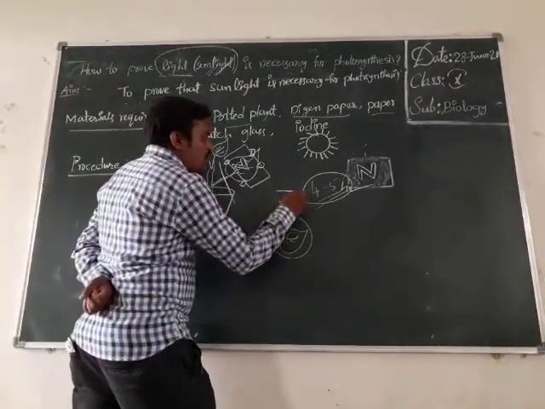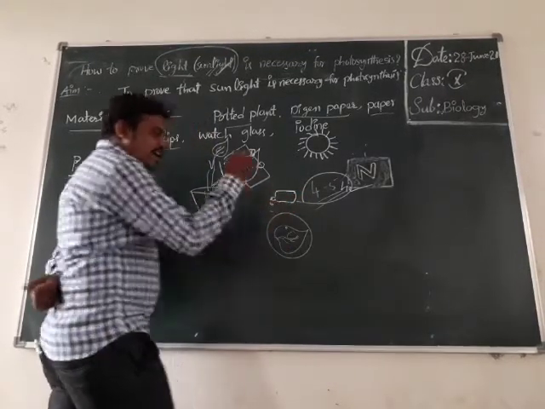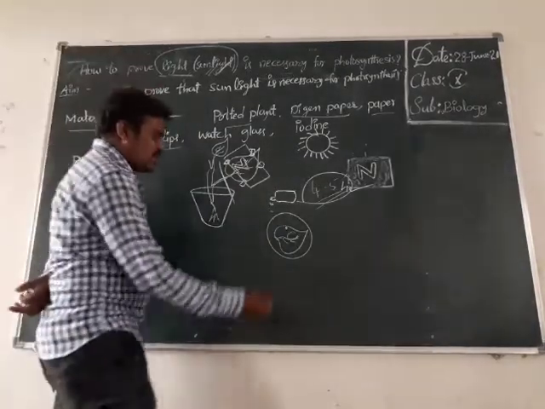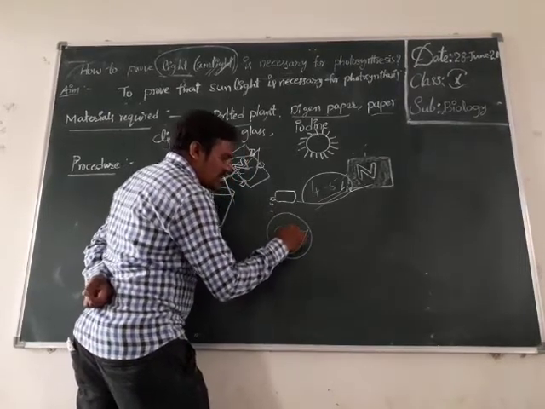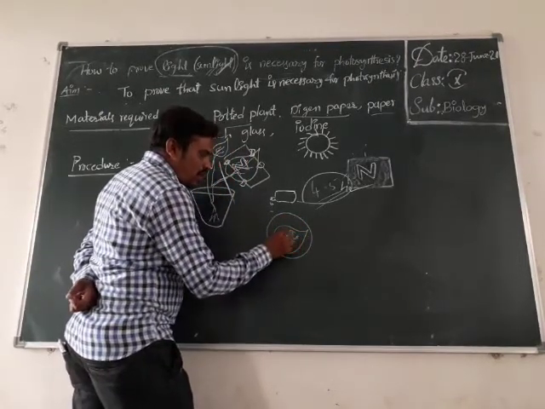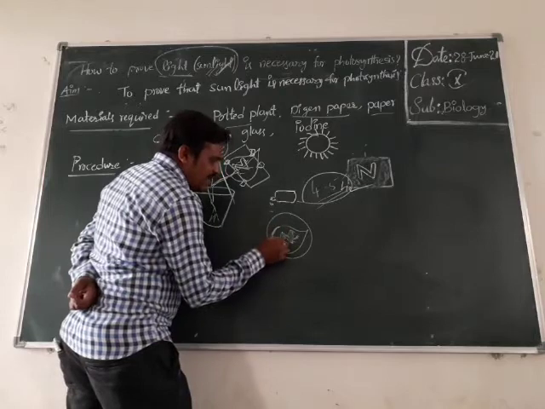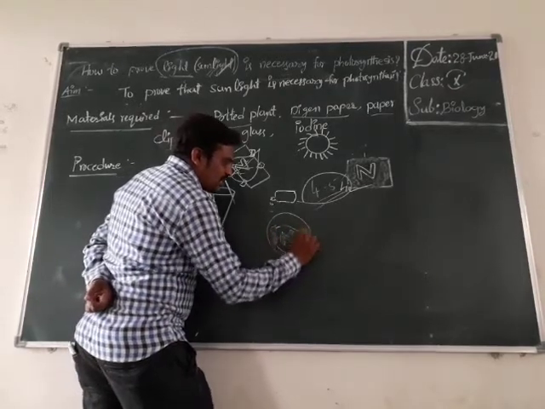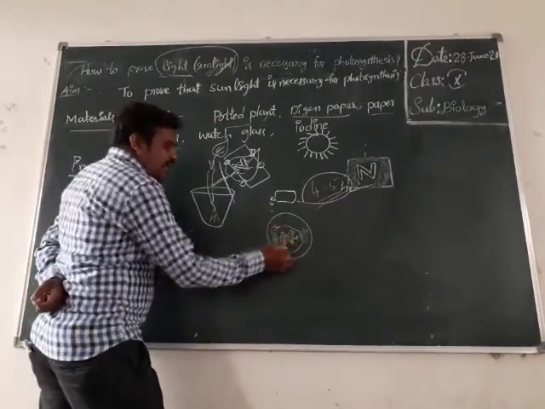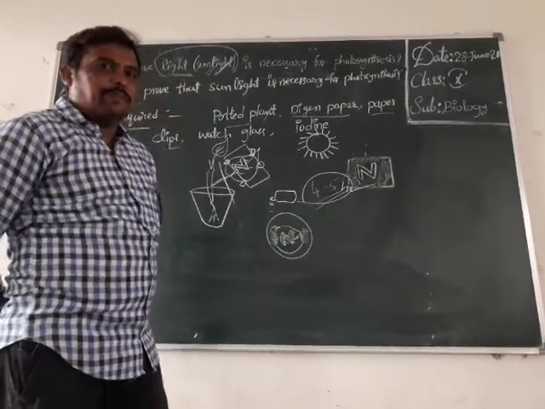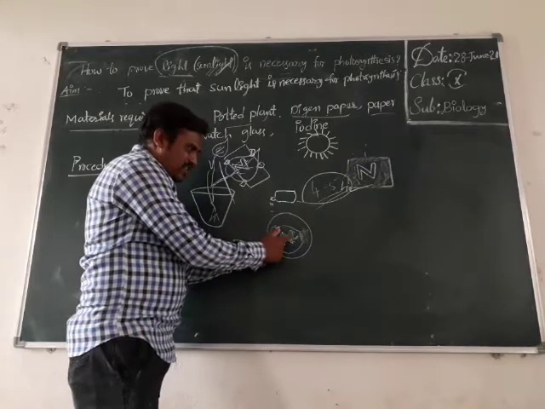When we put 1 or 2 drops of iodine on the leaf, the design part and the uncovered area of the leaf turn blue-black. The remaining part does not turn blue-black because the design part allows light, and so does the uncovered area.